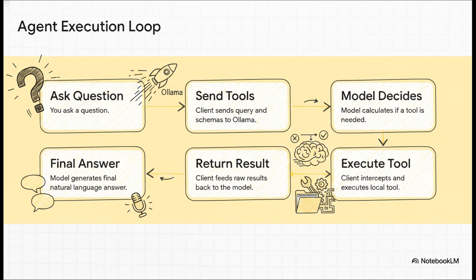Step 3, the model calculates if a tool is even needed. Step 4, if yes, the client intercepts the model's decision and securely executes the local MCP tool. Step 5, the client takes the raw results, maybe a folder directory list, and feeds that right back to the model. And step 6, the model reads those results and generates a final natural language answer for you.